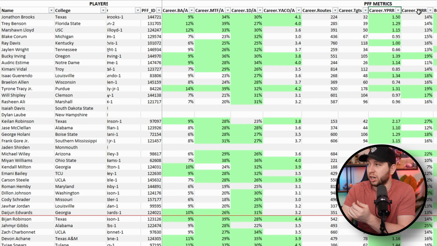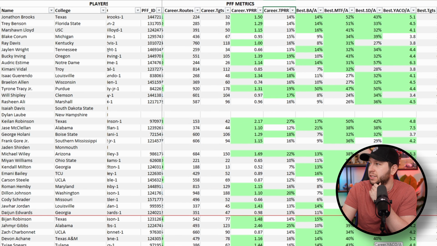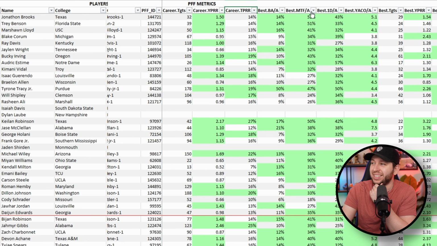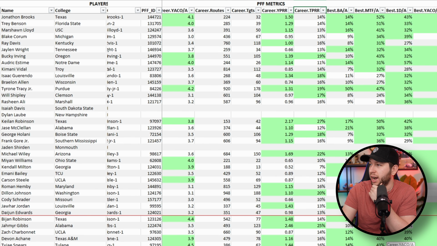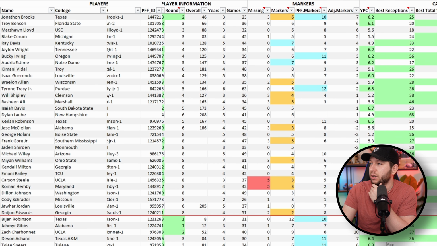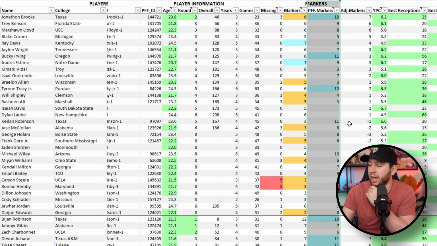I do have yards per route run and targets per route run. I have all those metrics on a career basis and on a best season basis as well. Those are all the PFF markers I am looking at. And that summation total is based on baselines from previously successful NFL running backs coming out of college. I believe there are 12 regular markers and 12 PFF markers. And that's where we're at with this.